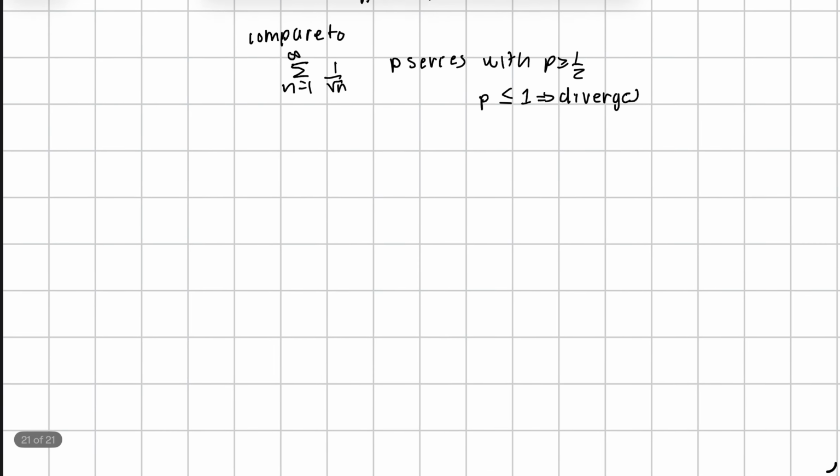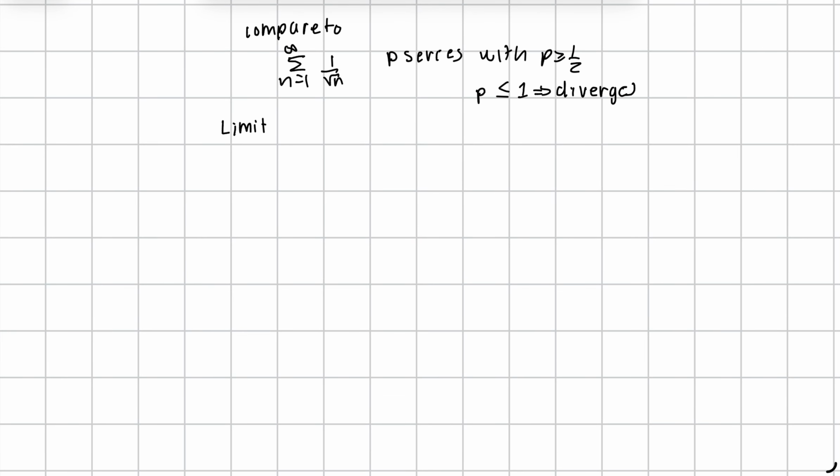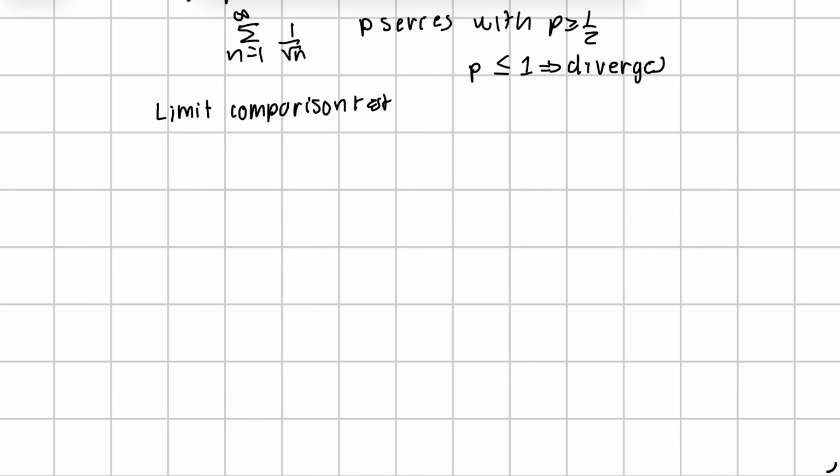So now we're going to use the limit comparison test. We have the limit as n approaches infinity of the root of n over n plus 3, all divided by 1 over the root of n. This is equal to the limit as n approaches infinity of the root of n times the root of n, all over n plus 3.